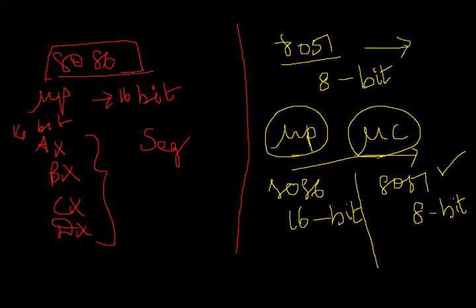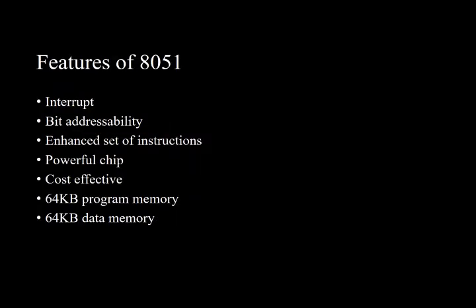Concerning the registers, 8051 consists of two major registers along with some special function registers. The major registers are the A register and B register, which perform the basic arithmetic operations of 8051. And you have other special function registers also available for 8051. So this is the general introduction to 8086 and 8051.